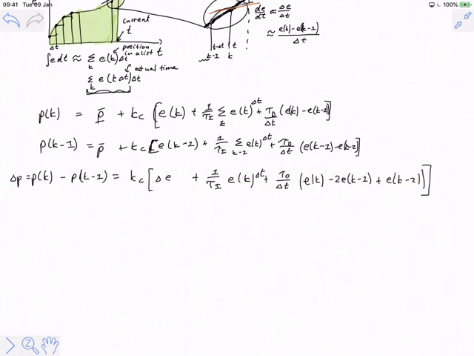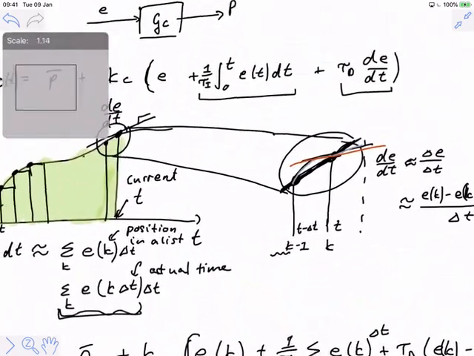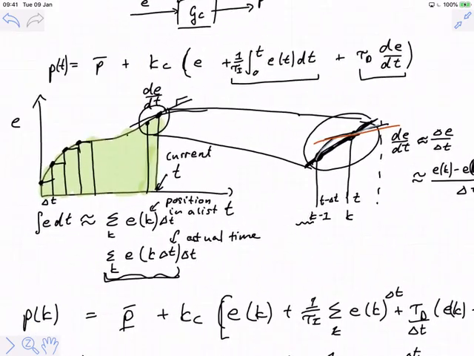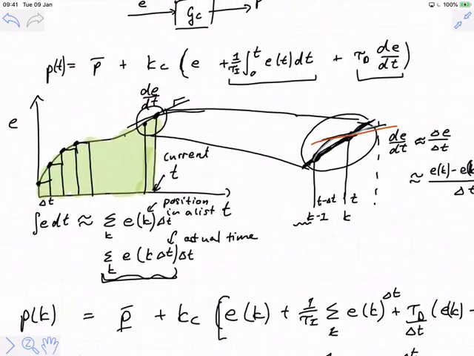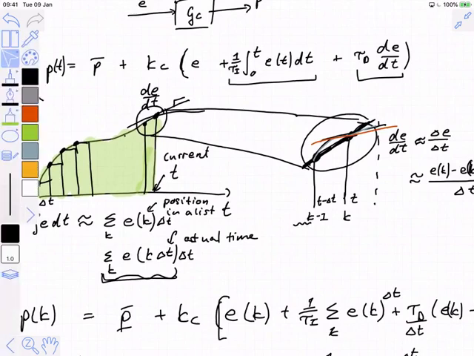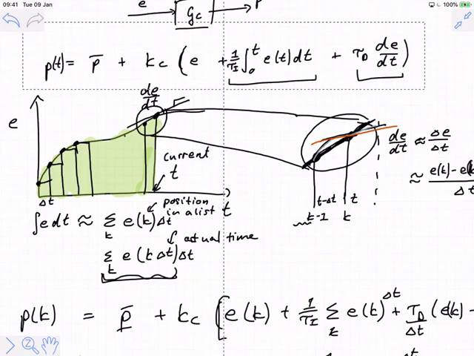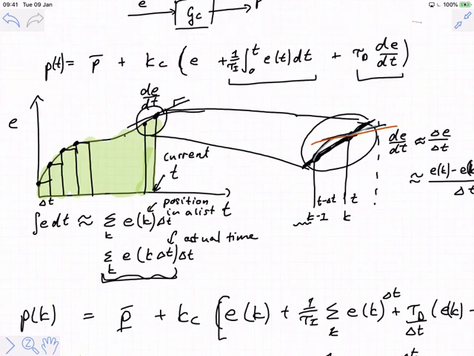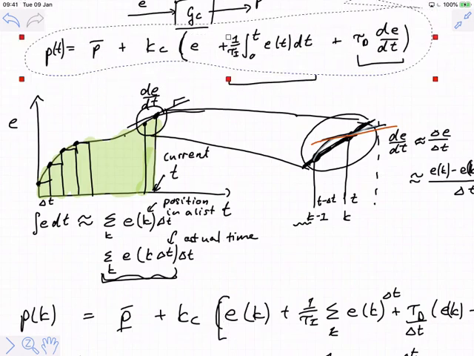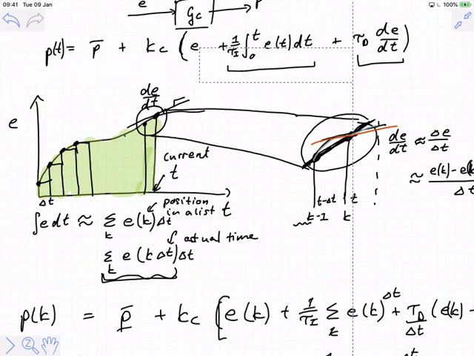Another way of thinking about this is I could take this expression that I originally had for the position form PID, and I could actually just take the derivative of that expression. Now, you can do this in the Laplace domain.